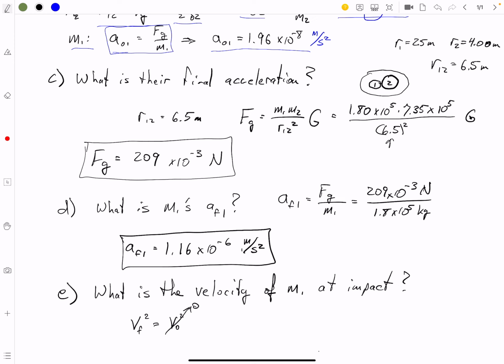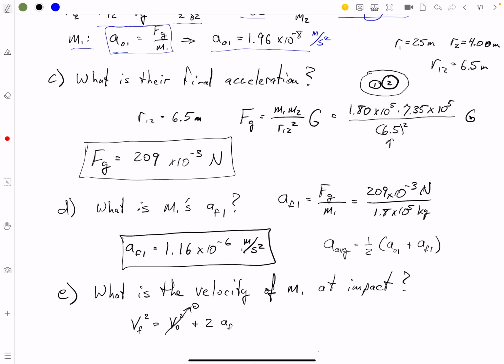And we're going to add 2 times the acceleration. So we're just going to use AF. No, we can't use AF1. We have to use A average. And that's going to be equal to 1/2 A initial of 1 plus A final of 1.